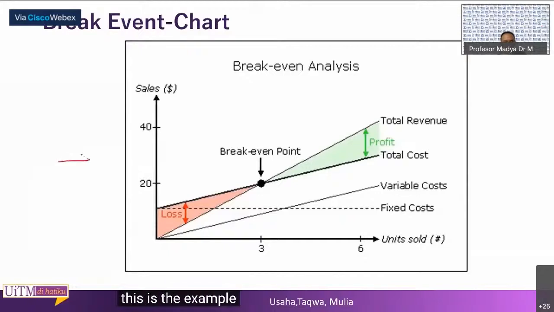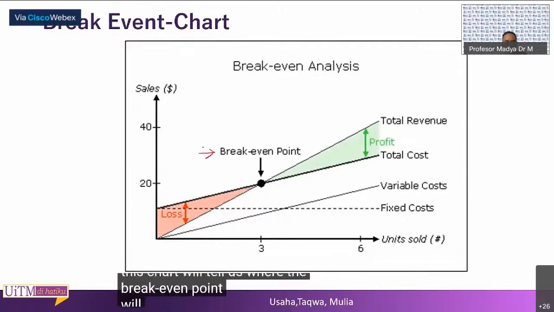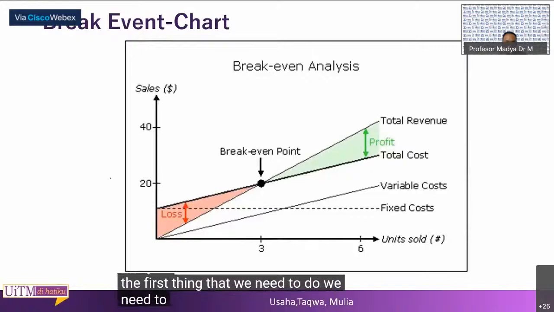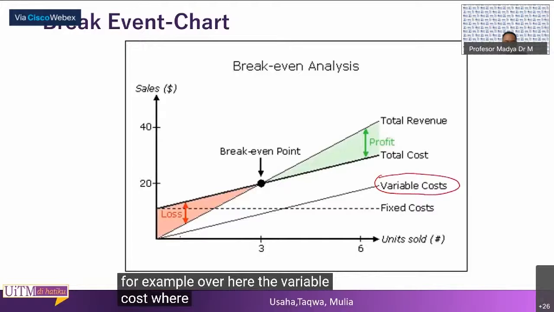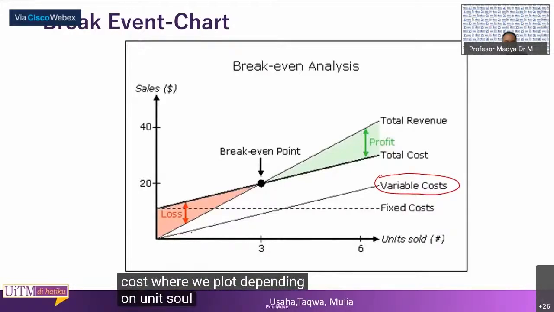This is an example of a break-even chart. This chart will tell us where the break-even point will occur. So how do we produce a break-even chart so that we can do analysis? The first thing that we need to do is determine the variable cost per product. For example, over here, the variable cost is plotted depending on units sold.